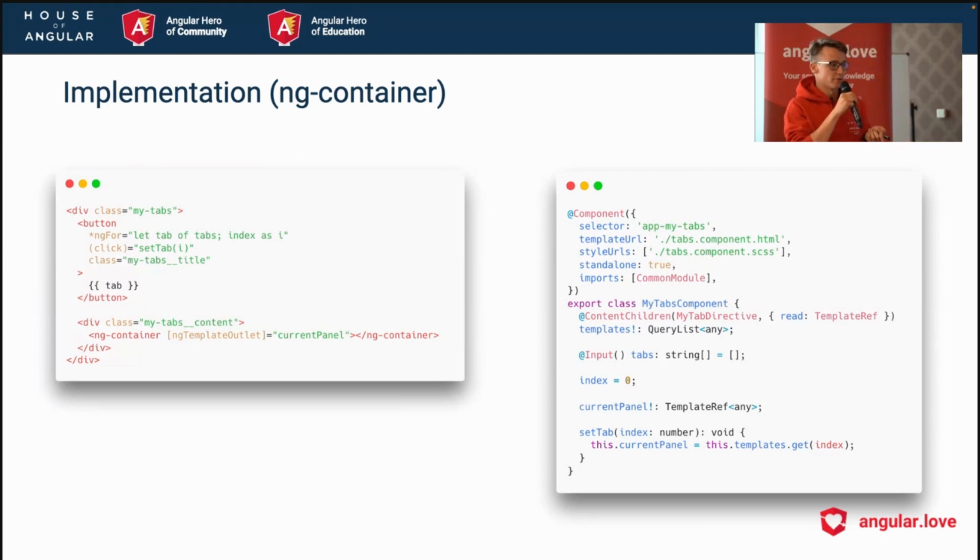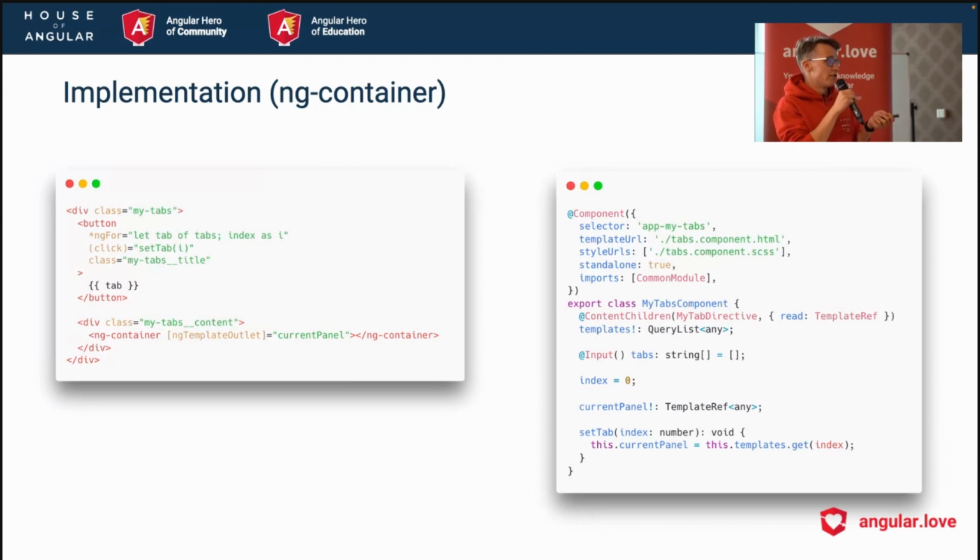and it allows us to find the proper template, but also this input with the array of tab names. And the most important part is this contentChildren with the myTab directive, which allows us to get access to each of these templates.